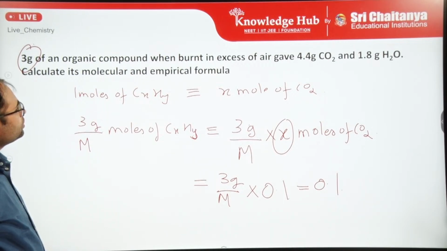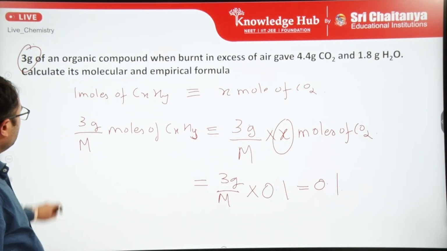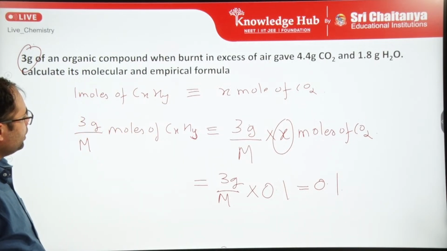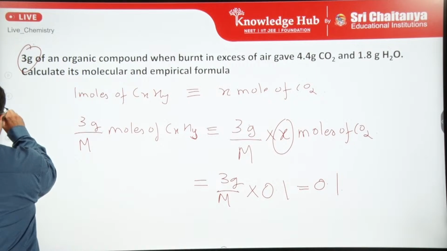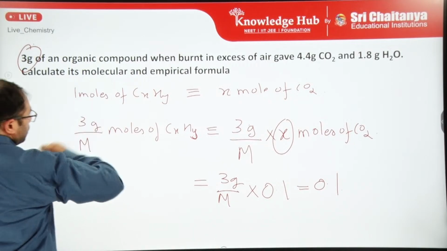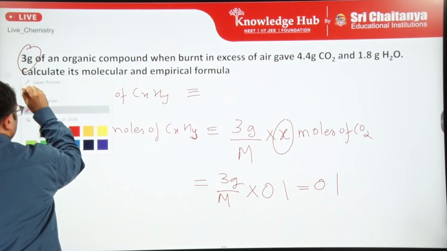Let me just try and do it some other way. This also is not going to work. We have the moles of C2H5, X moles, gives you X moles of carbon dioxide.